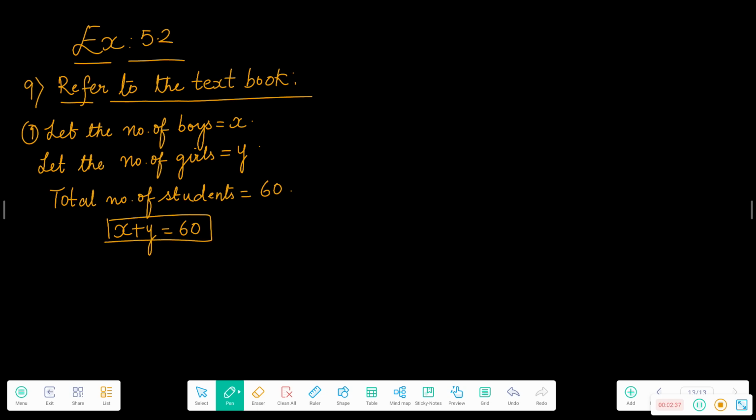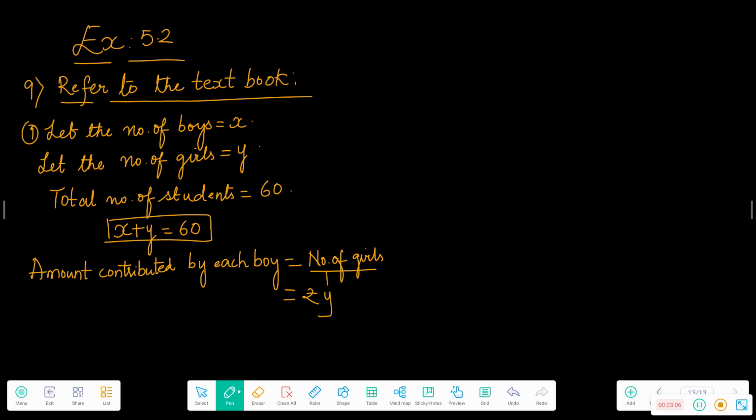Amount contributed by each boy is equal to the number of girls. So how many girls are there? Number of girls is y, so amount contributed by each boy is rupees y.